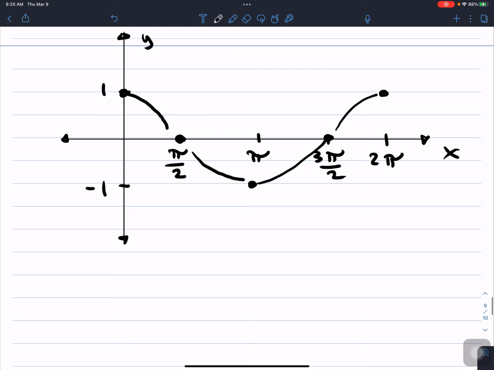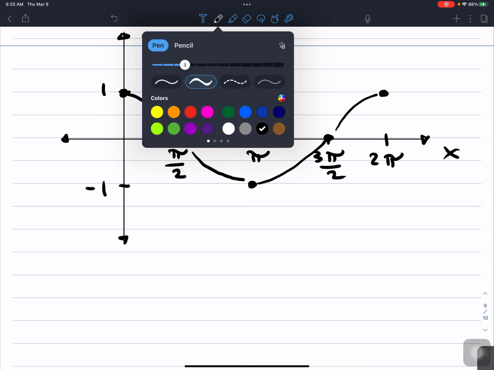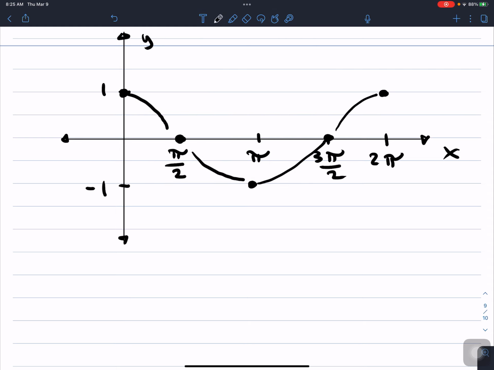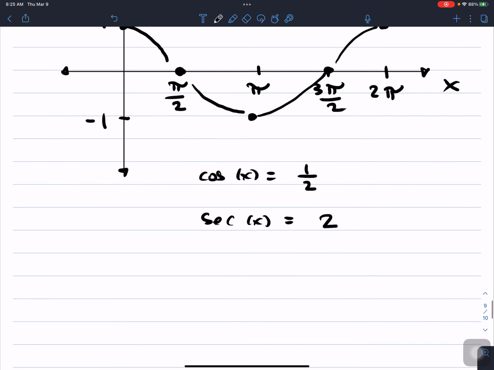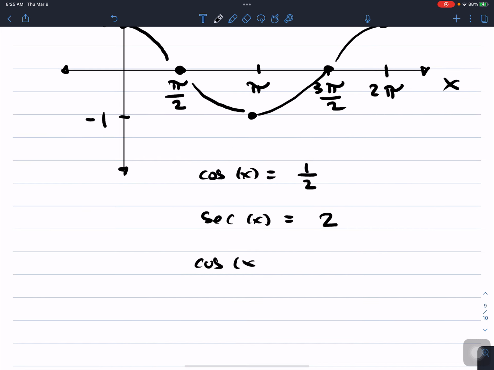So what I want you guys to know is something like this, okay? If cosine of some angle, let's say x, equals, let's say, 1/2, you know what that means about secant? What does secant equal? 2. Is that true? You guys okay with that? And if cosine is what? 0.